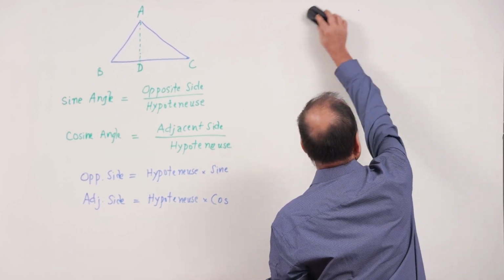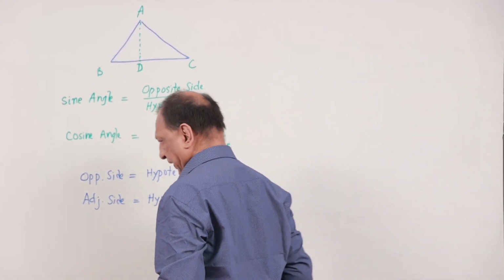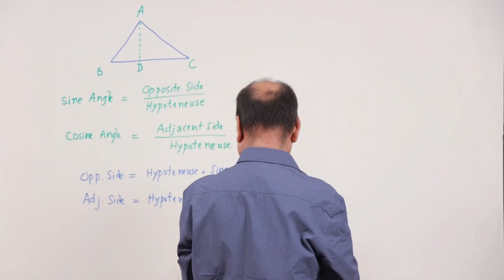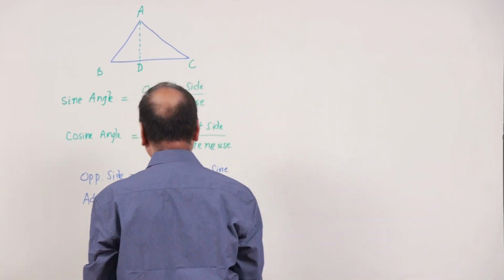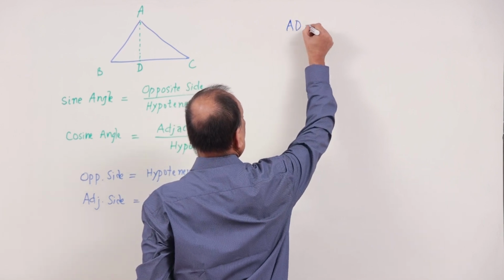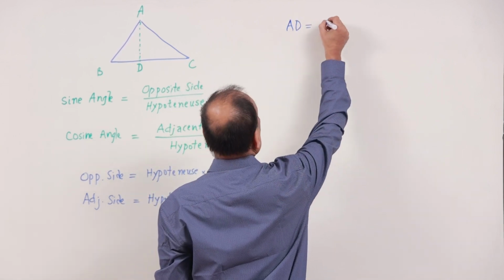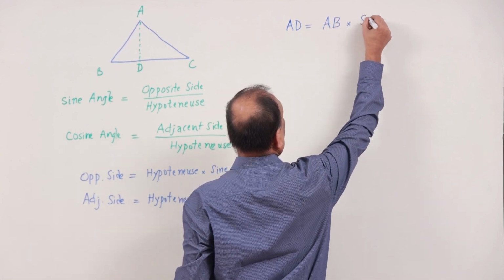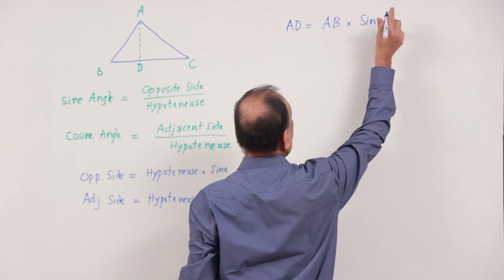Sounds very simple, but it can lead to a dramatic amount of symmetry. That's why I want to write it down. So what is AD? Hypotenuse multiplied by sine of angle B.